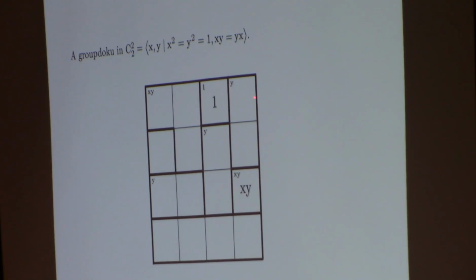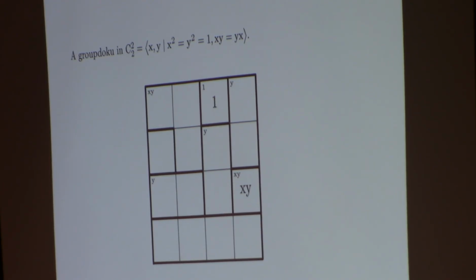We could take XY and multiply it by X, that would cancel out the X and we'd be left with Y. So XY times X is one combination that would work to fill that cage with a Y. And then Y times 1.